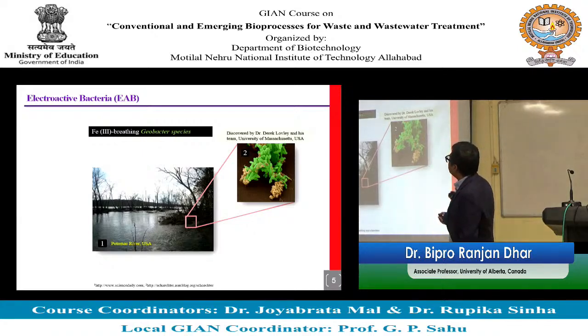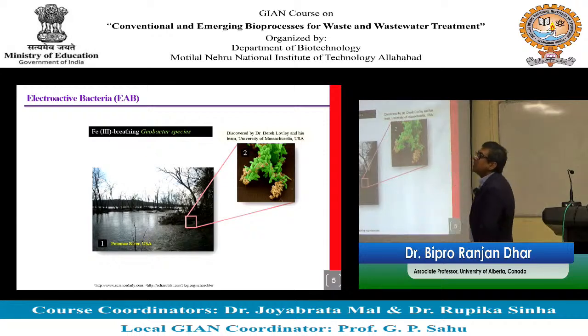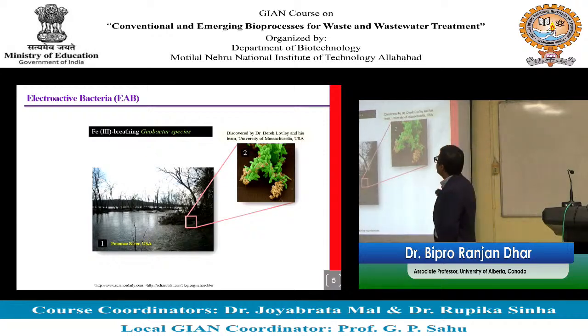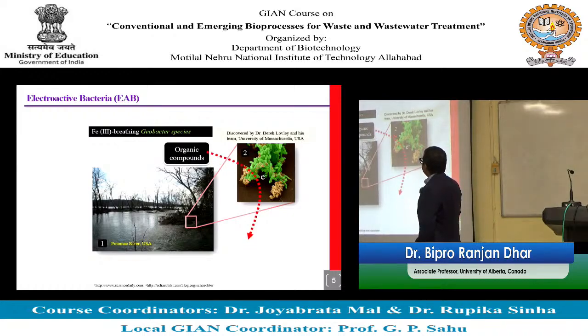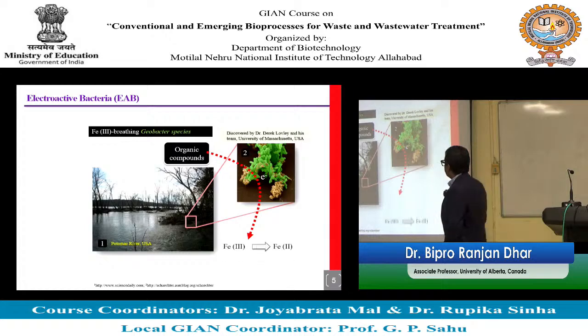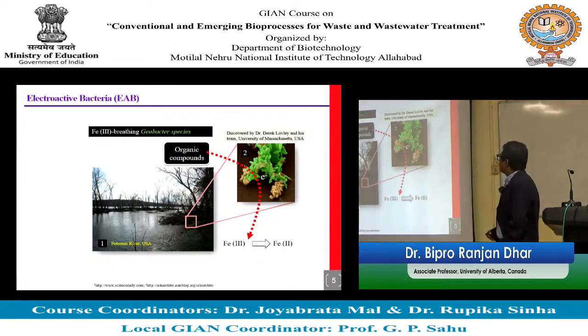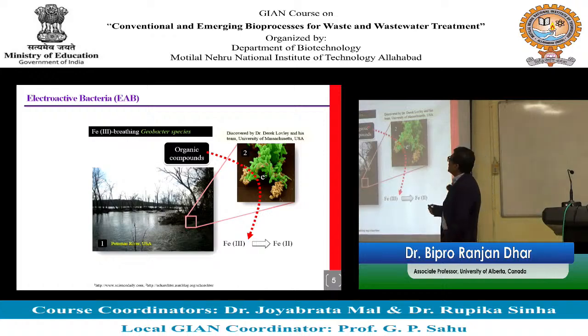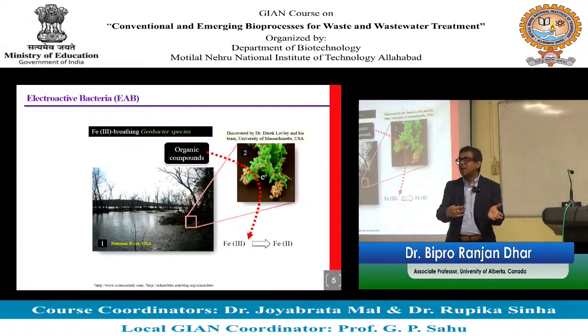They found microbes called Geobacter species that have a unique feature: they can convert ferric to ferrous iron using extracellular electron transfer. At that time, people didn't know that they could also work as electroactive bacteria in a microbial fuel cell.